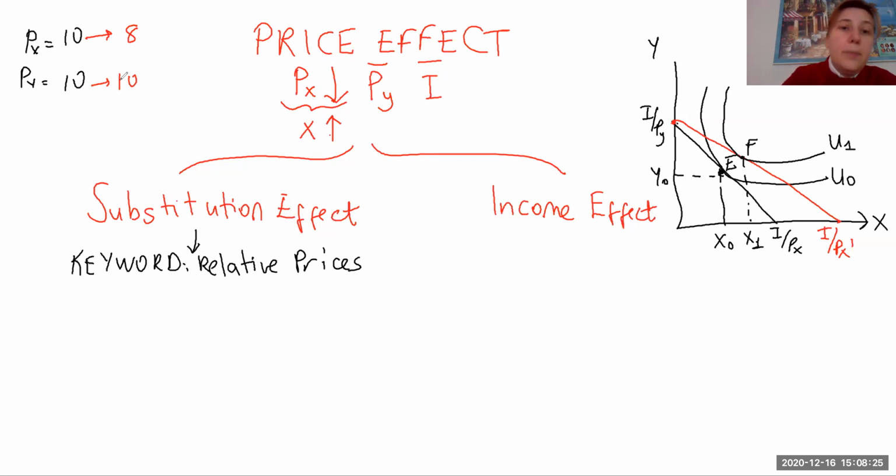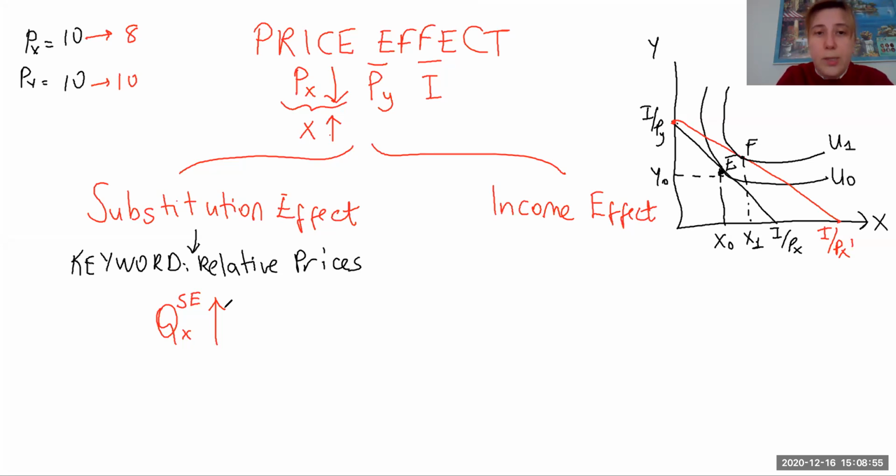So when the price of X is going down, the quantity demanded of good X will increase because of the substitution effect.